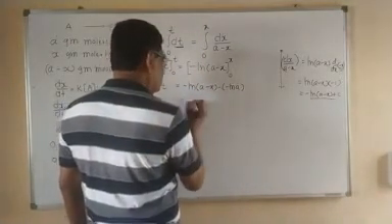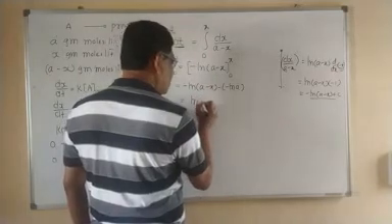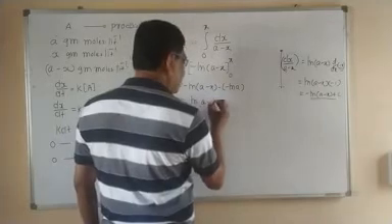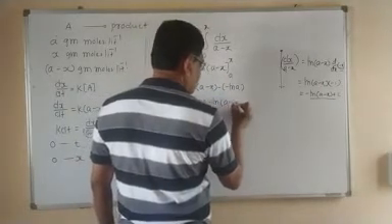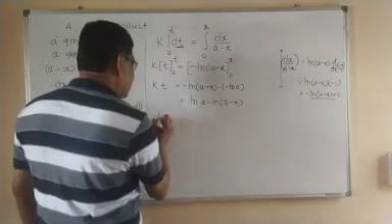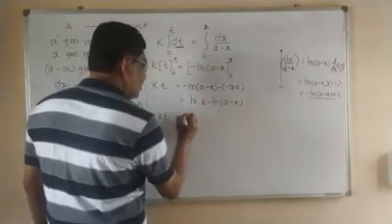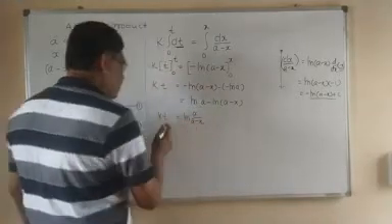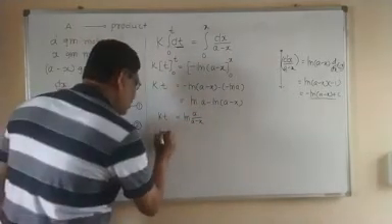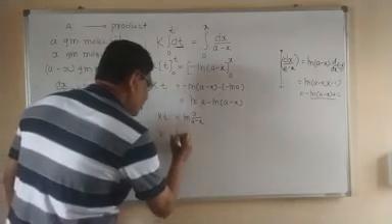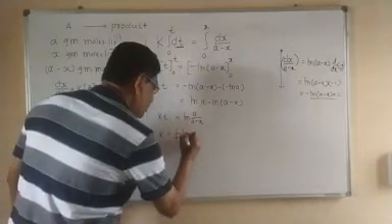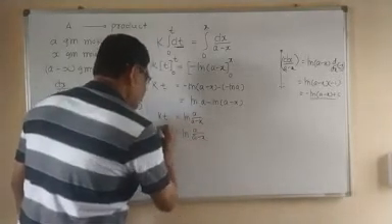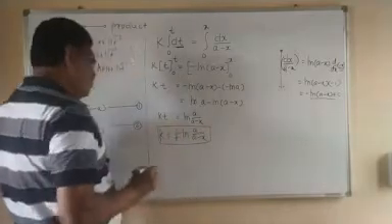It will be minus plus ln a minus ln of a minus x. Kt is equal to ln of a over a minus x. t goes to that side: K is equal to 1 over t ln of a over a minus x. Call it equation number 3.